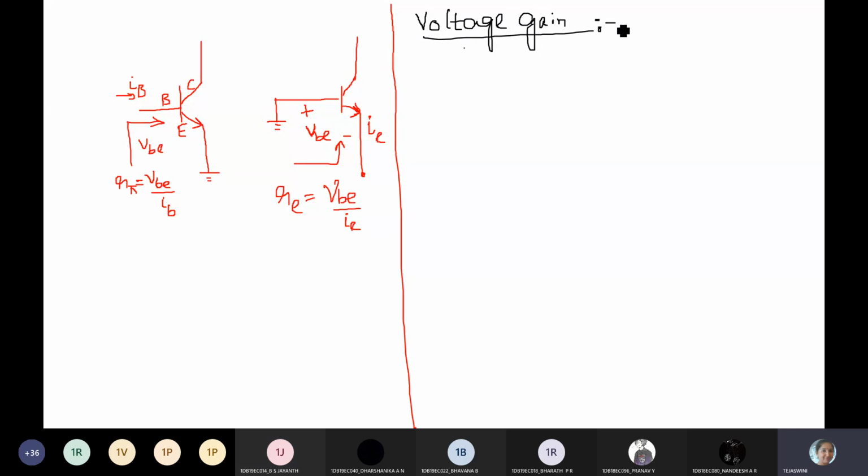So now, here we are going to obtain the output voltage signal by force RC. Our intention is to find out first the output voltage, then we can easily find out the voltage gain. You told that voltage gain can be found out by output voltage by input voltage. So here the derivation starts with finding the output voltage, then automatically we have the input voltage. So we can easily derive the voltage gain.